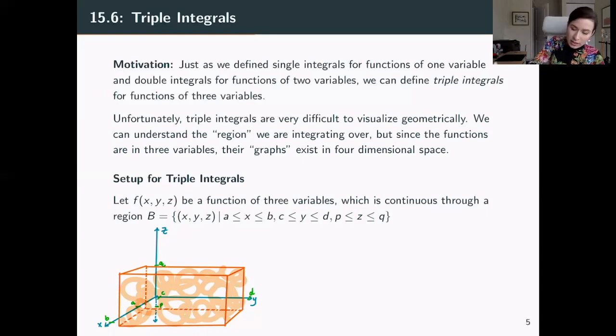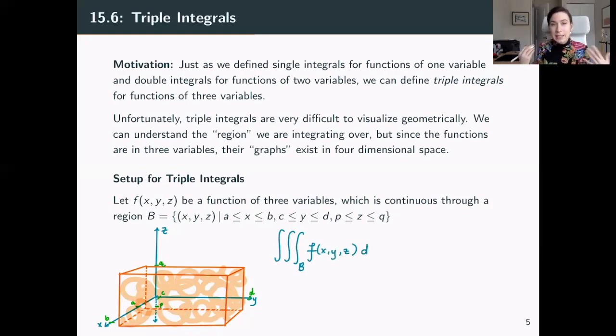So if we want to evaluate the triple integral over this box B, I'll be using this notation consistently for triple integrals over boxes, so those rectangular regions, where we're looking at f of x, y, z.